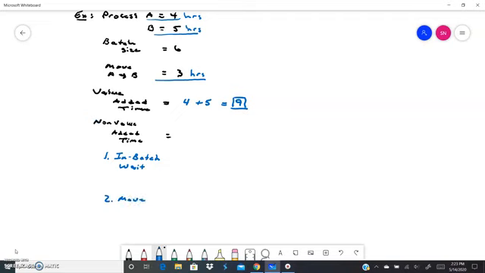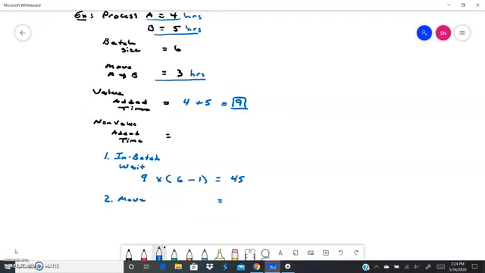So the in-batch wait time, remember our formula, is going to be the value added time of 9 times the batch size of 6 minus 1. So that's 9 times 5 equals 45.